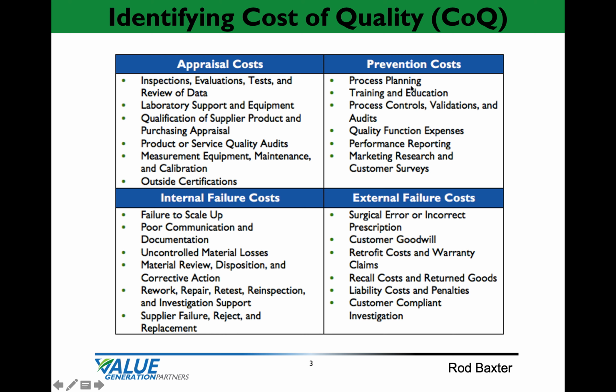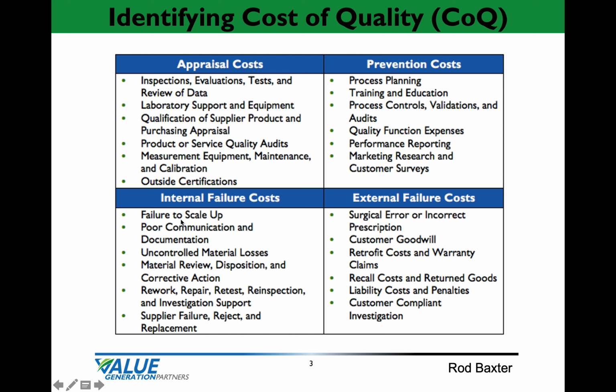This could be process planning. In fact, training and education is a prevention cost. Process controls, validations, and audits. Quality function expenses, performance reporting, even marketing research and customer surveys. Those are prevention costs. Appraisal costs can include inspection, evaluation, tests, laboratory and support and equipment, qualification of supplier product or service quality audits, measurement equipment, maintenance and calibration, internal failures.